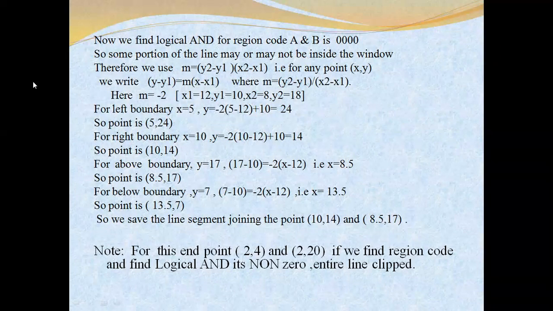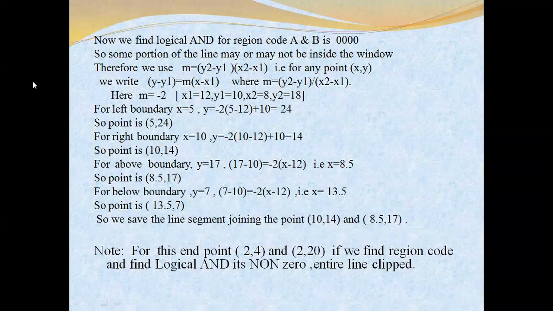For the above boundary, y equals 17, we use the equation according to the algorithm. Hence x equals 8.5. So the point is 8.5, 17. For the below boundary, y equals 7, x equals 13.5. So the point is 13.5 comma 7.